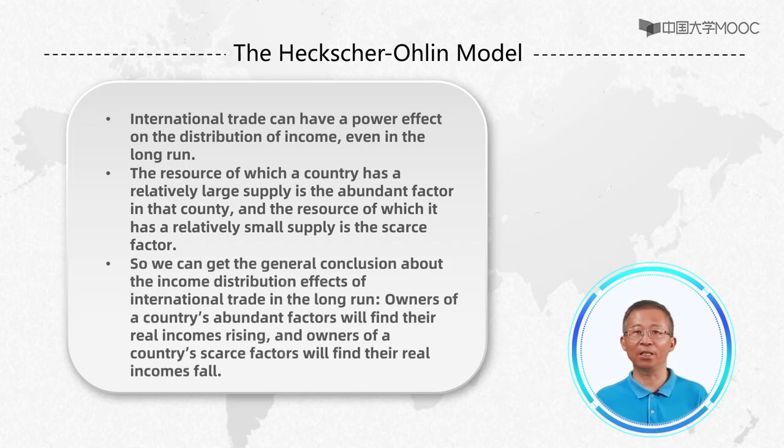So we can get the general conclusion about the income distribution effect of international trade. In the long run, owners of a country's abundant factors will find their real incomes rising, and the owners of a country's scarce factors will find their real incomes fall.